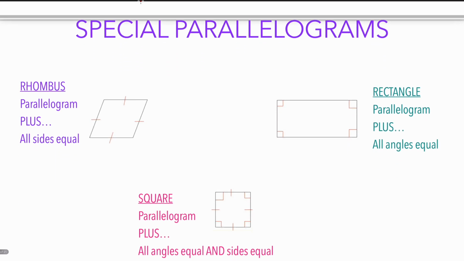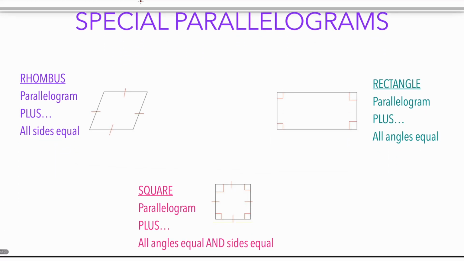Now you can even break special parallelograms down further into a rhombus, a rectangle, and a square. A rhombus has all of the characteristics of a parallelogram, opposite sides equal, opposite angles equal, plus all sides are equal. So if this is 5 centimeters, and this is 5 centimeters, and this is 5 centimeters, then this is 5 centimeters.